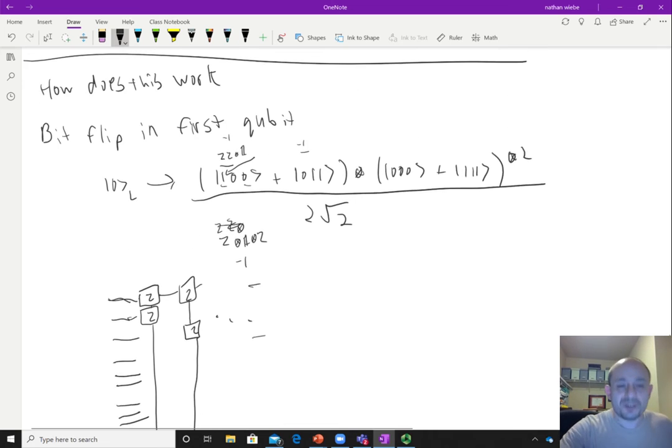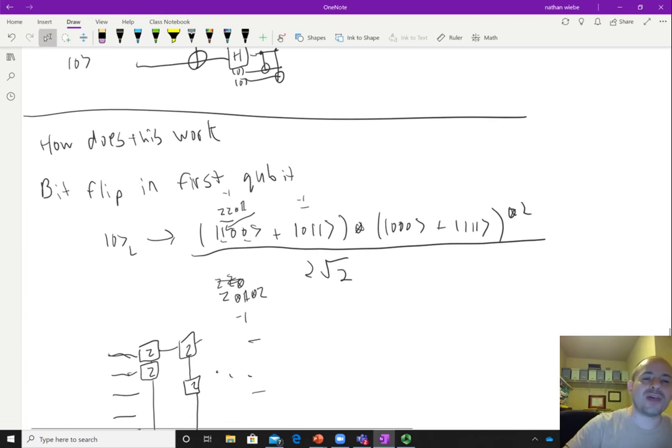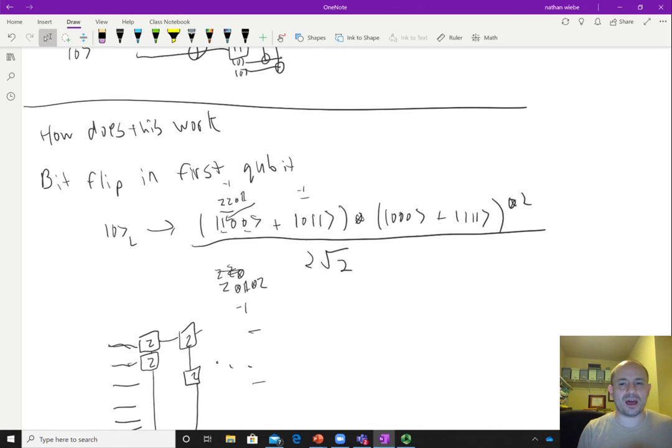And that's how we would detect the presence of a bit flip at any one of these locations. All right, and then once we've done that, we can go through and correct that particular error. Okay, so that is how the code ends up working. It can detect the error and correct it.